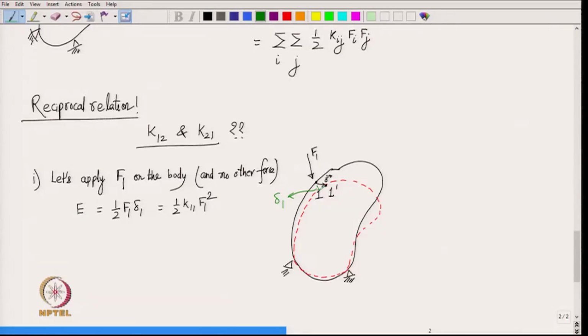Now, let us think of applying the force 2. Okay. So, point 2 was somewhere over here, which may have moved to 2 prime, correct, and we now apply the force 2. So, when we do that, the body again gets deformed, right, and let us suppose it becomes something like this.